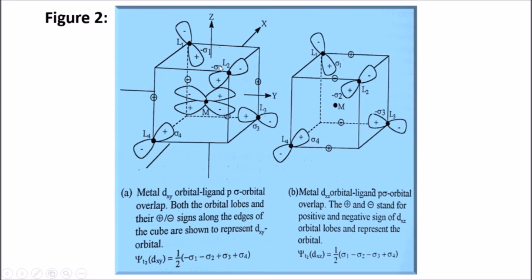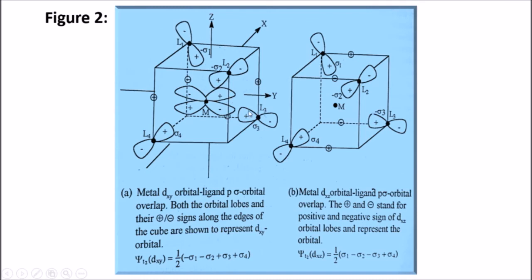This is a Cartesian arrangement that is shown for the dxy orbital. With this dxy orientation, ligand 1 has a minus-minus interaction, as shown over here. Ligand 2 also has a minus-minus interaction.